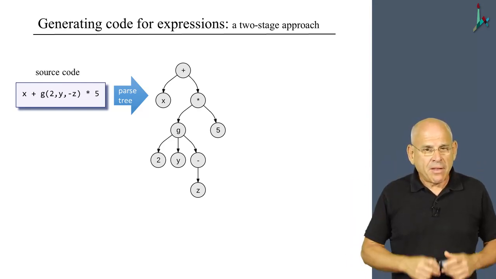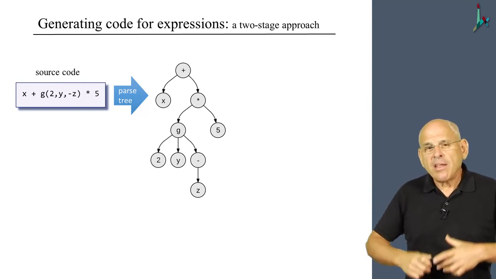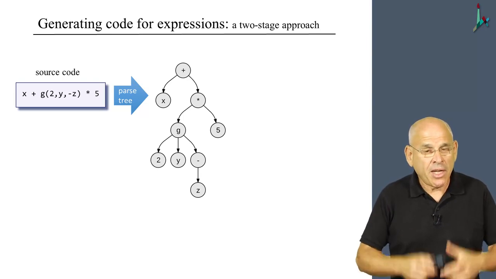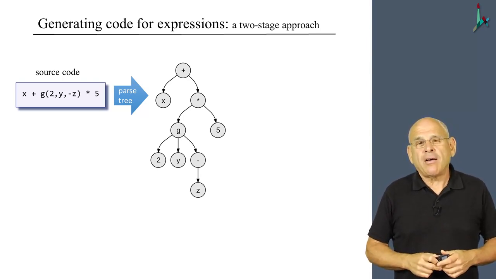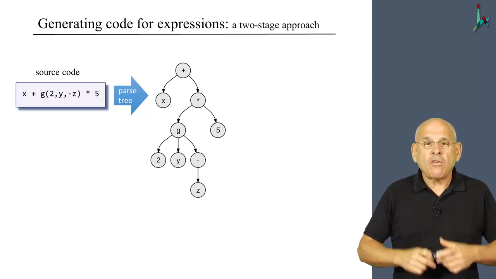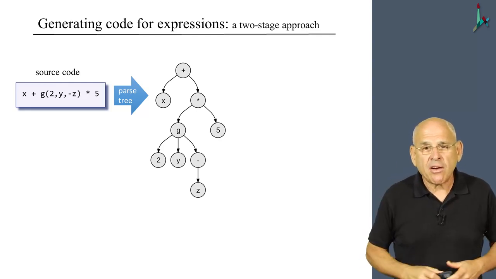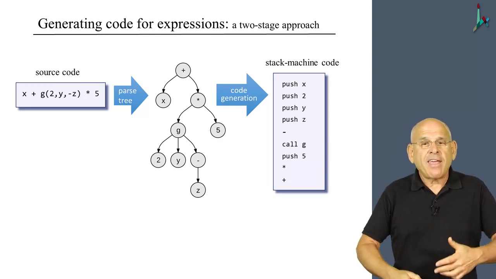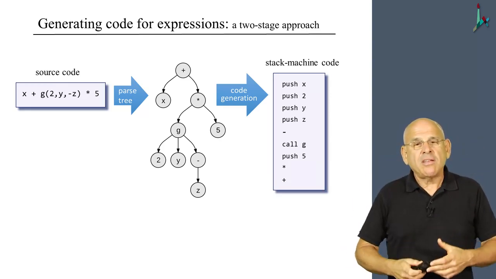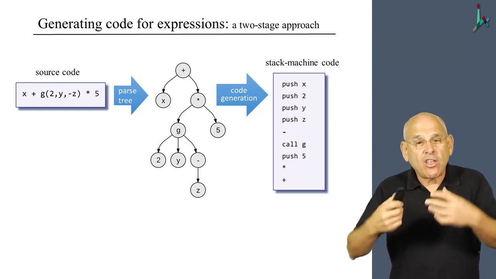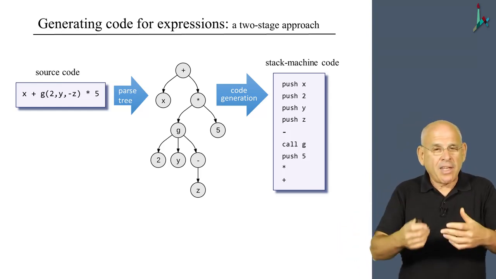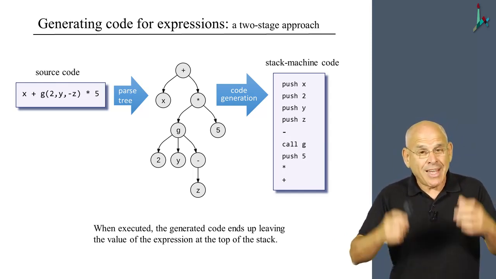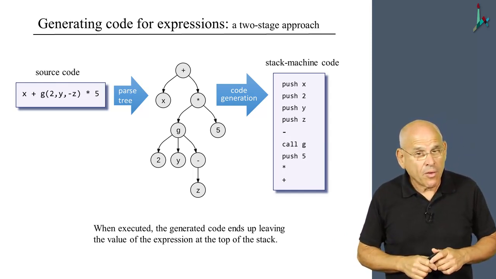So you put together this parse tree, and then you go through every node in this parse tree in a certain order, and you generate from it what you see here on the right-hand side, which is stack machine code that can be executed, and this execution will result in evaluating the value of the source expression, which is exactly what we want, right?